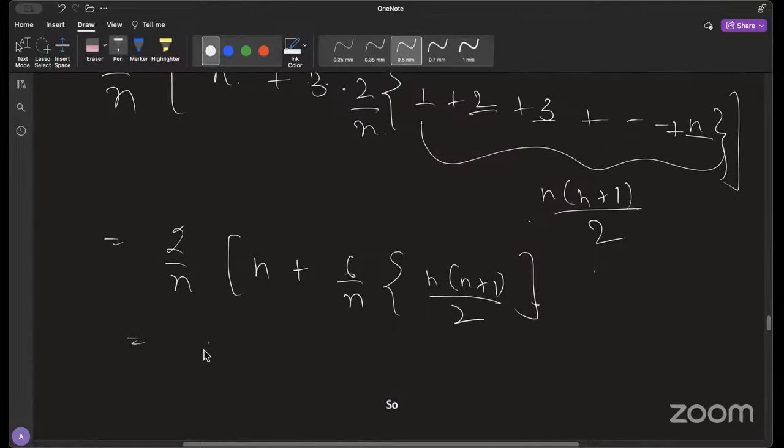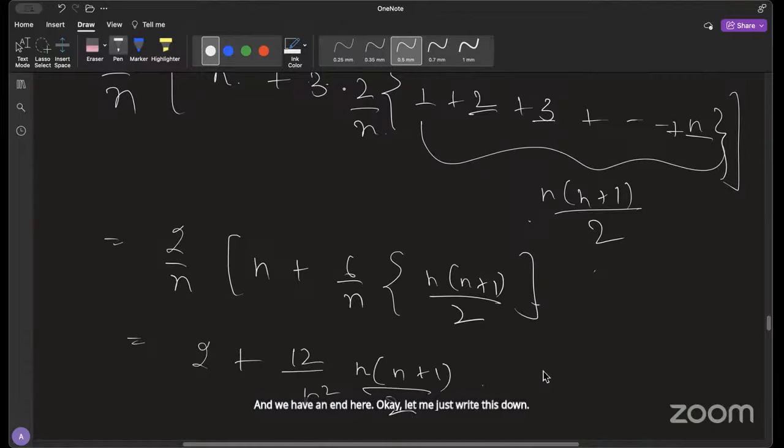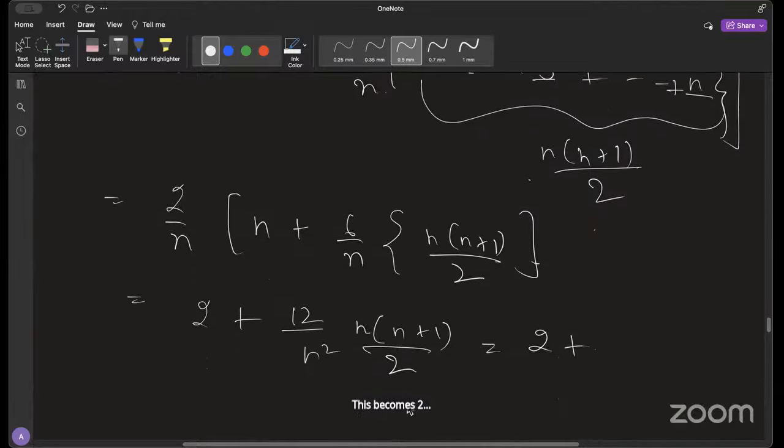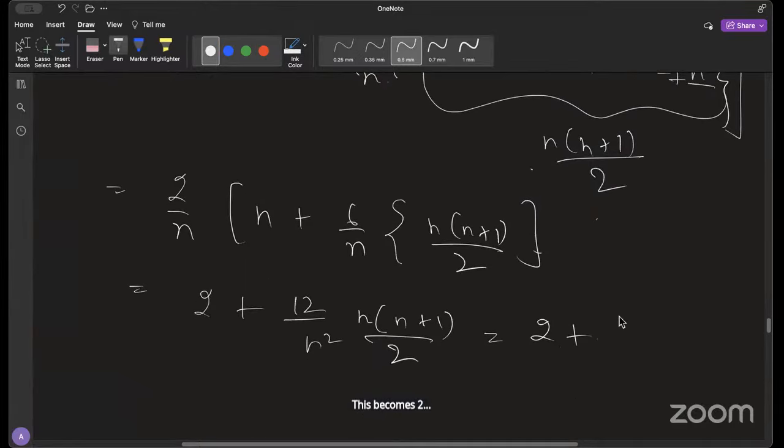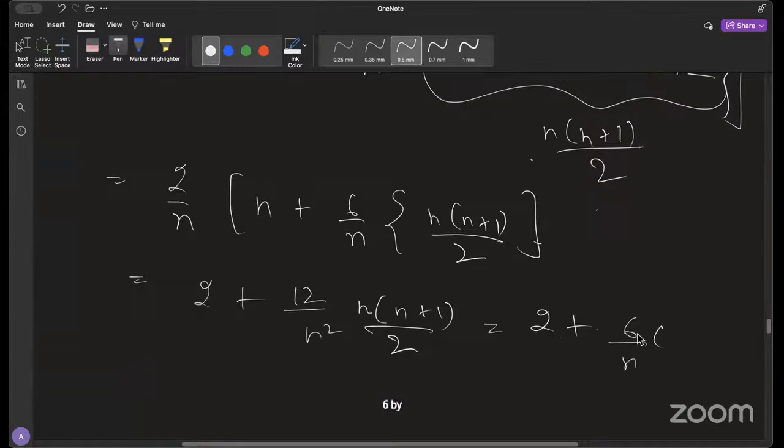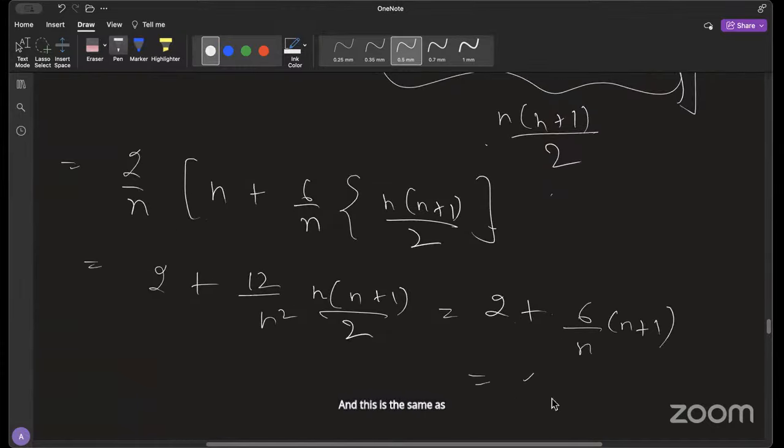So this will be 2 plus 12 by n square, and we have an n here. Okay, let me just write this down. This becomes 2 plus 6 by n times n plus 1, right? And this is the same as 2 plus 6 times 1 plus 1 by n.